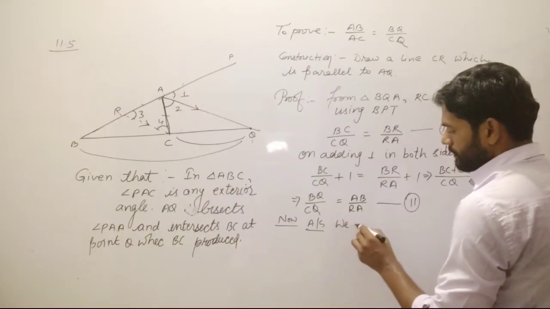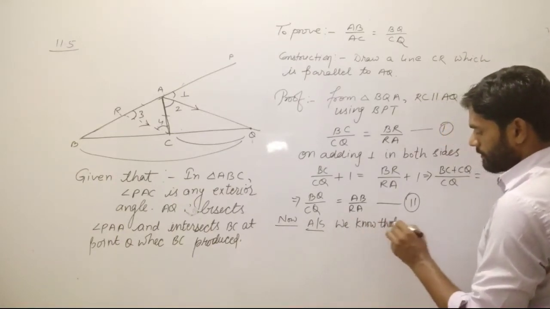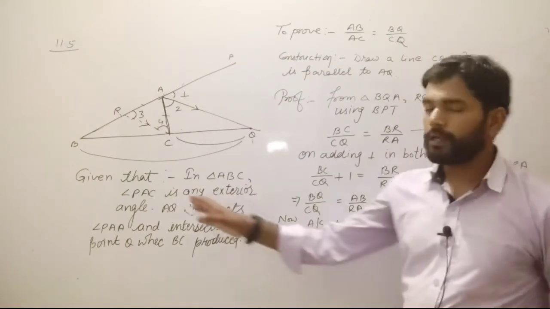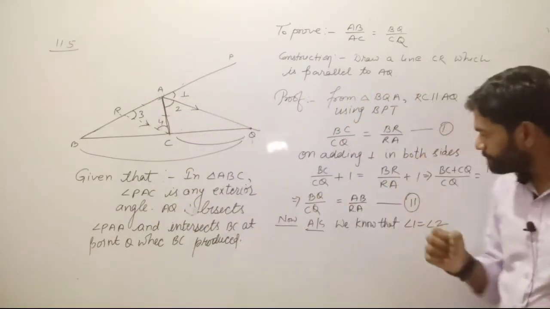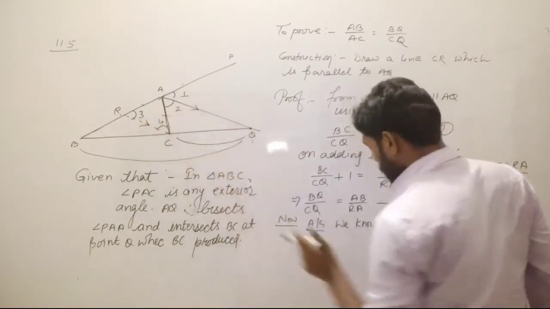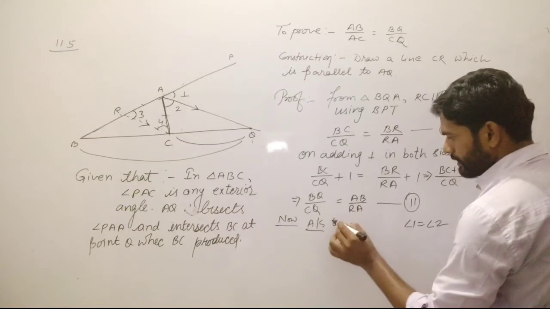We know that angle 1 is equals to angle 2. It is already given in the question because AQ is the angle bisector.